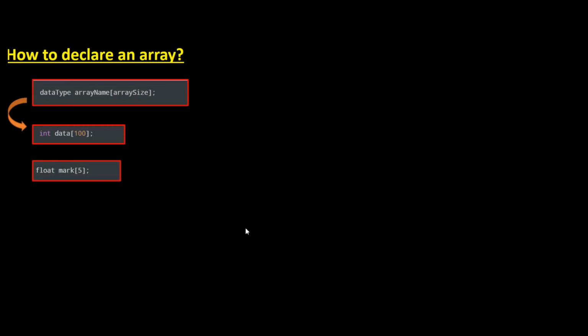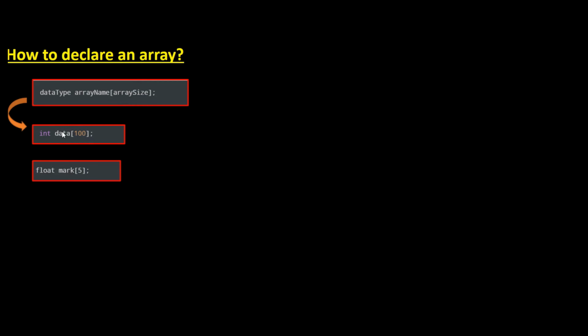Now, how to declare an array? The syntax of the array declaration is like this. We have the data type, the array name, and the size. So we have to give the type of the elements inside the array. For example, integer, then the array name, the variable's name, for example data, and the size, 100.